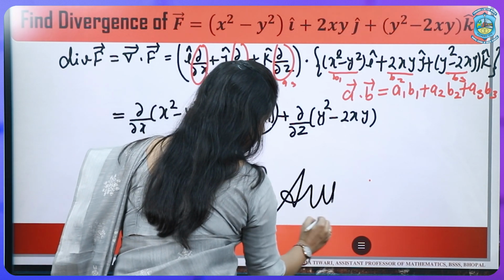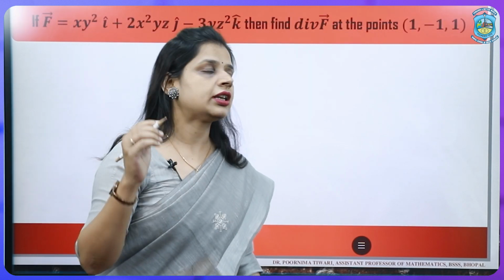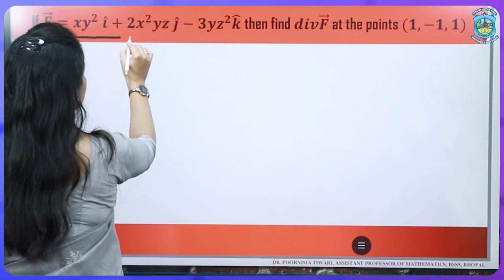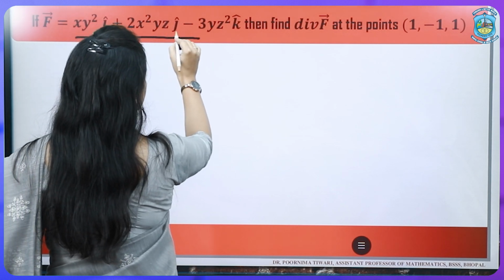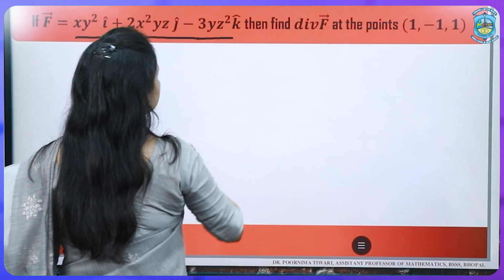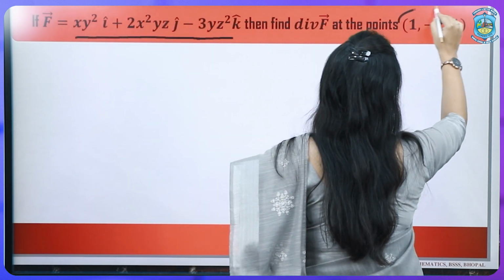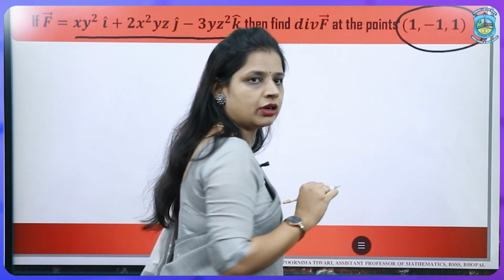That is our answer. Next, we will calculate divergence of this vector f, xy square i cap plus 2x square yz j cap minus 3yz square k cap, at the given point (1, -1, 1).